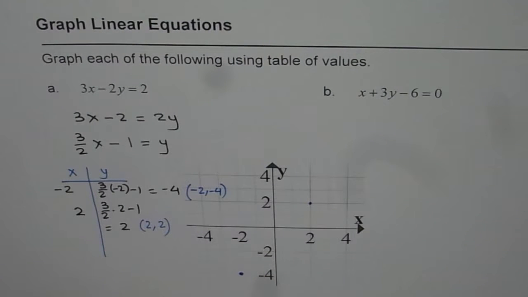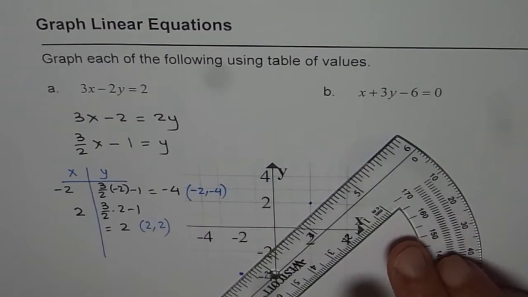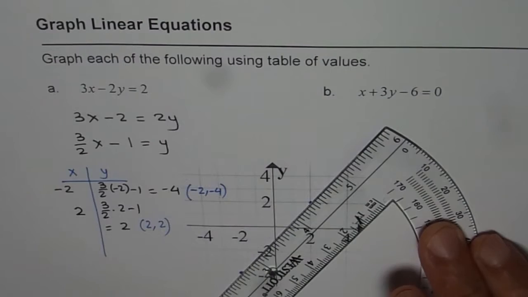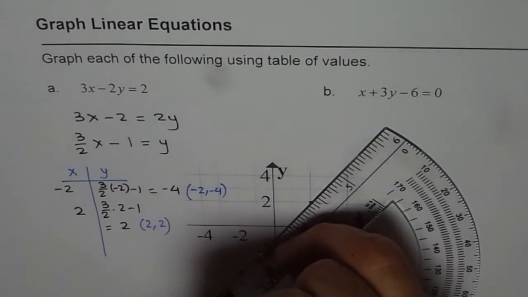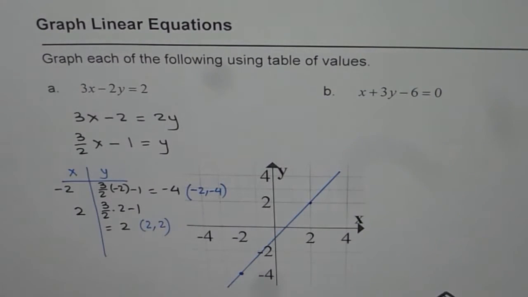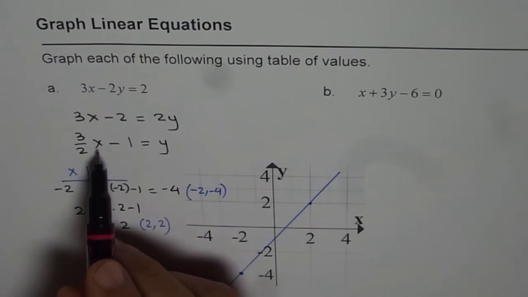Joining these points, we get our line, right? So we can draw the line. We are using just 2 points to draw the line. Now the idea is, is this line correct or not? So let's have a checkpoint. A good checkpoint in this case will be when x is 0.